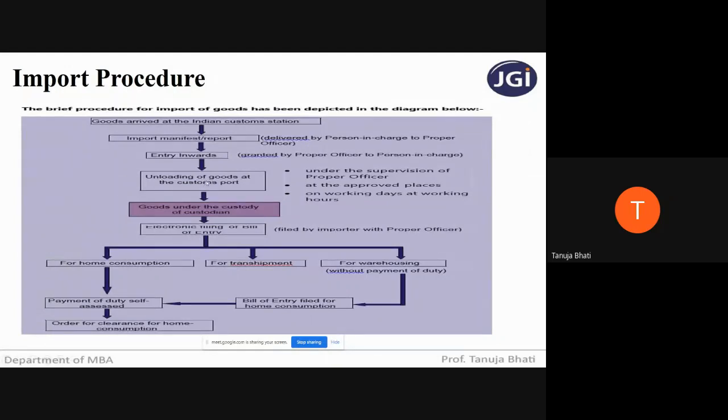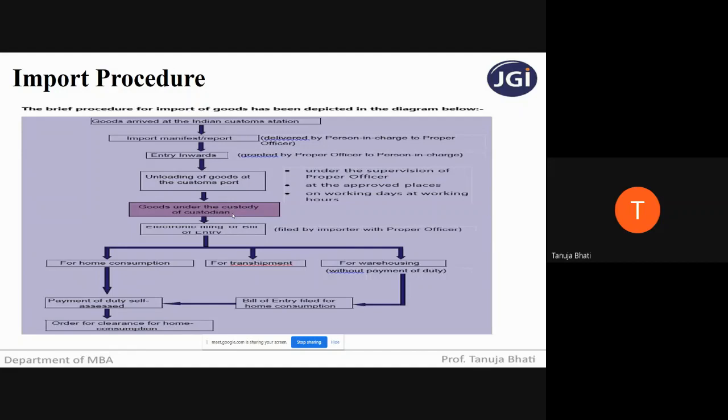Once the goods are unloaded, they are under the custody of the custodian. Goods will not be unloaded anywhere. They will be unloaded only at those places which are approved. Even though the airport is so big, goods will not be unloaded just anywhere.